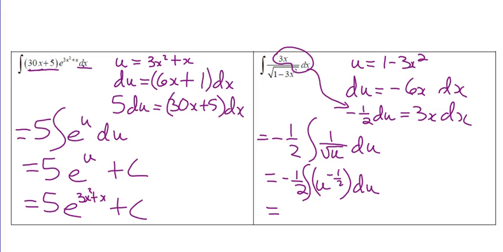It says add 1, so it'll be u to the half, and then you've got to divide by that same thing. So we'll just put a 2 on there, right? So negative 1/2 times 2 times u to the 1/2 plus c.